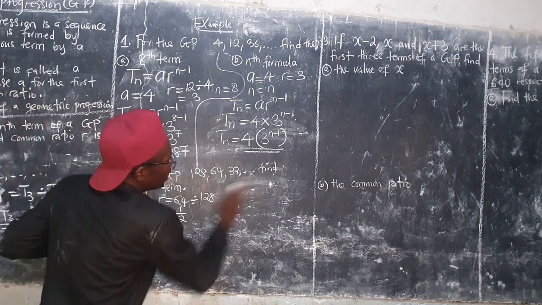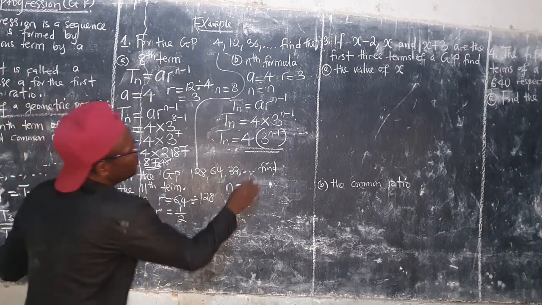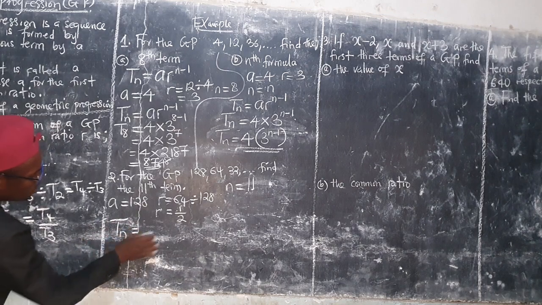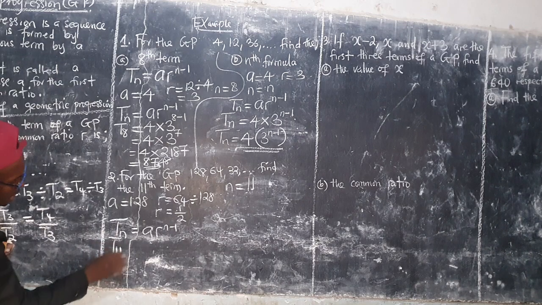Now what is n? n is 11. We want term number 11. So we write the formula Tn is equal to A R to the power n minus 1. T11.